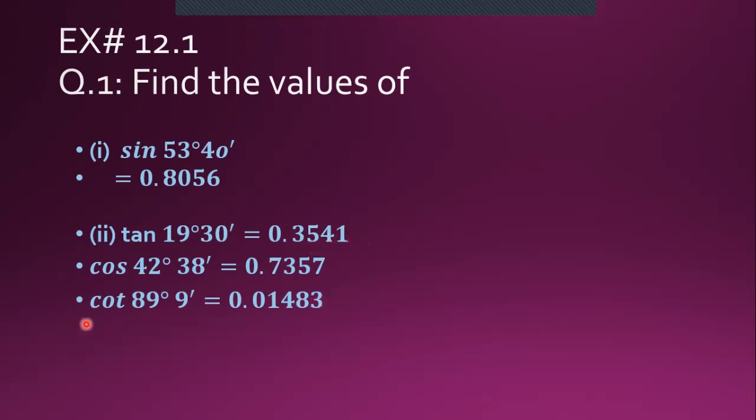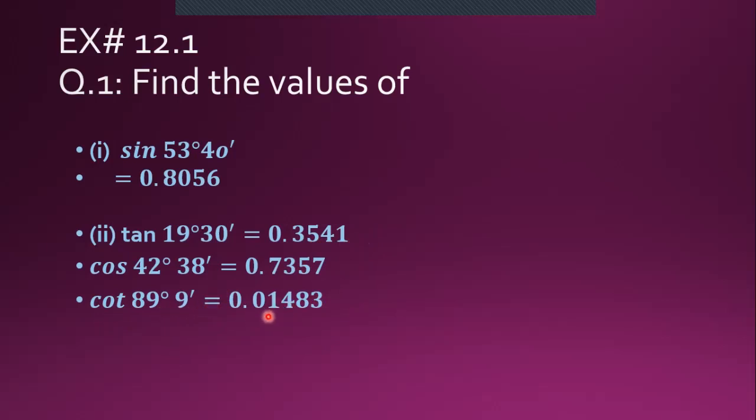Then the last one is cot 89 degree 9 minutes, and it can be found by taking 1 over tan of 89 degree 9 minutes, and it will give the answer. Actually, I do not have the book at my home, and I think that this answer is given wrong.